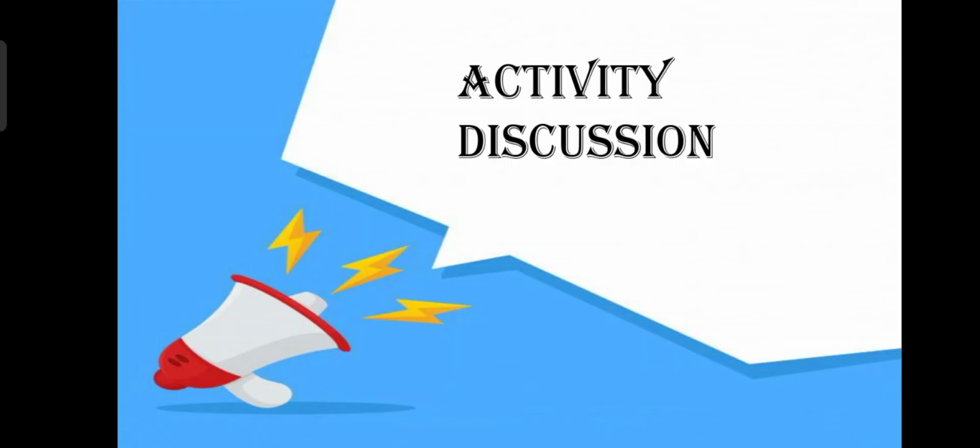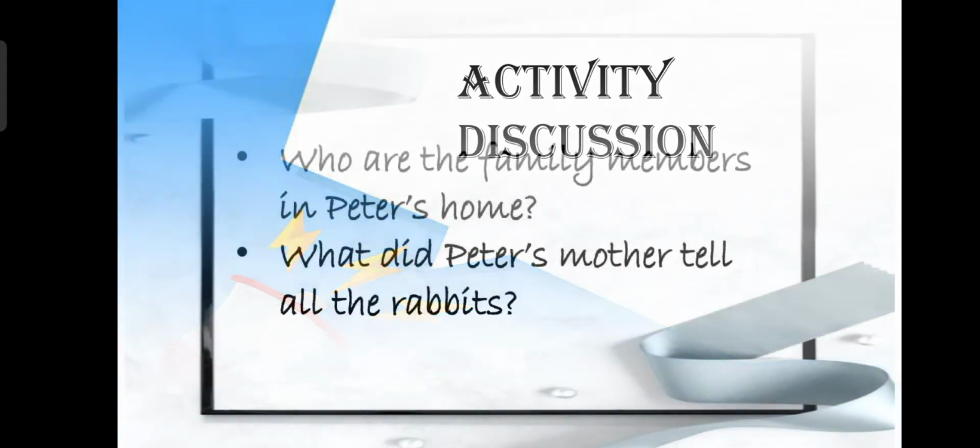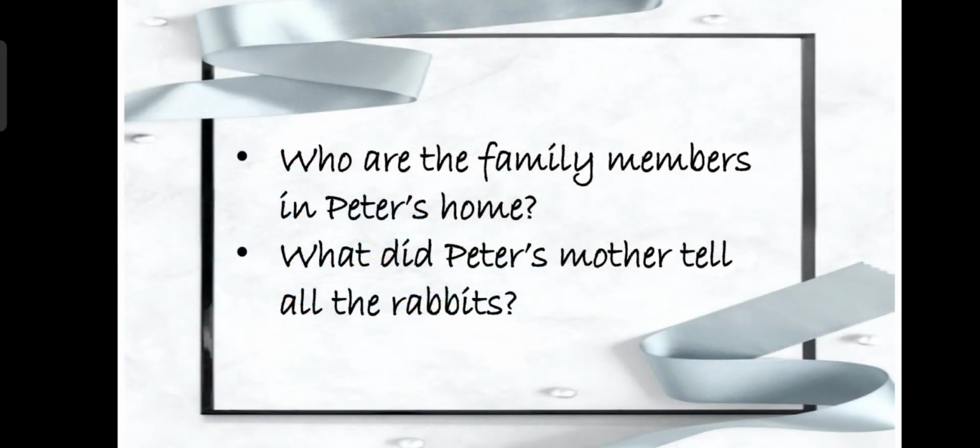So let's move. Today we have an activity discussion. What we did, just have a look at our activity. Who are the family members in Peter's home? And what did Peter's mother tell all the rabbits? What did she say?